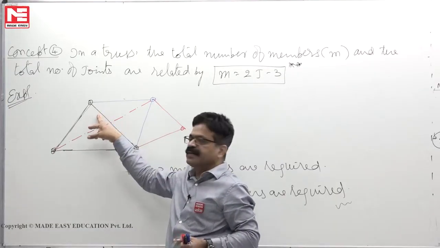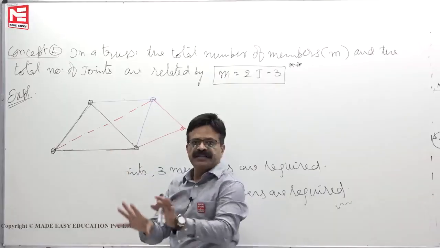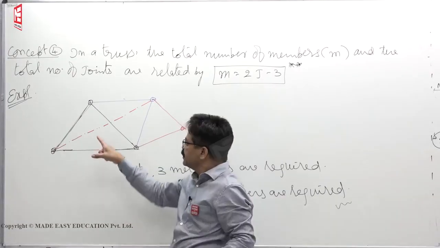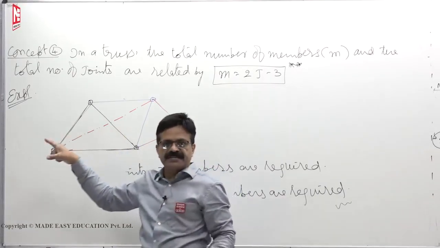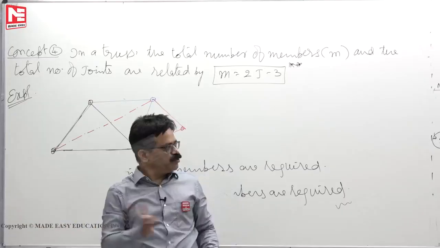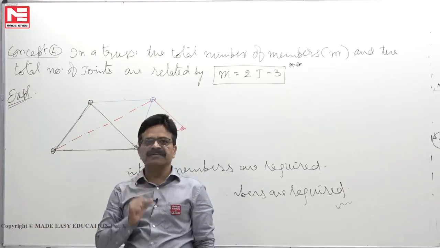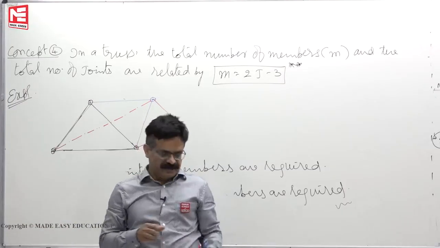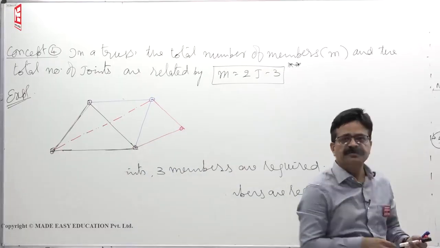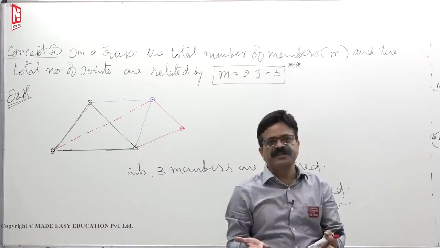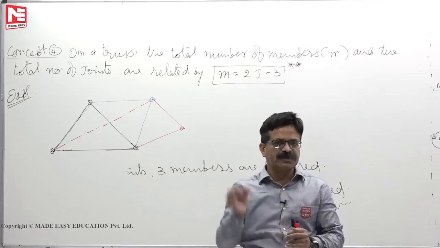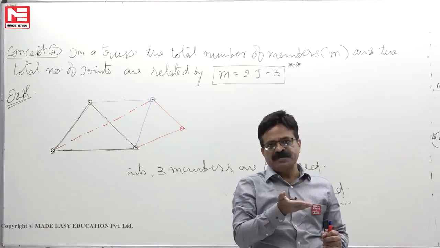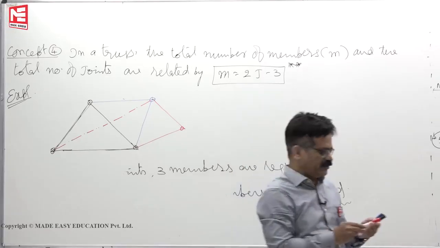If this fails by compression, this will be under tension and it will remain in position. Such additional members which we provide more than 2J minus 3 are called counter bracing. These counter bracing members provide more stability to the structure. In case one member fails, that counter bracing member will take care of the stability.